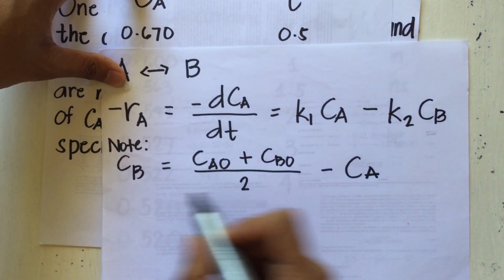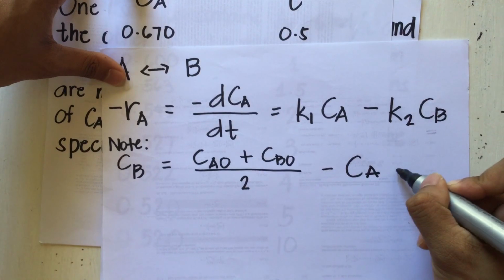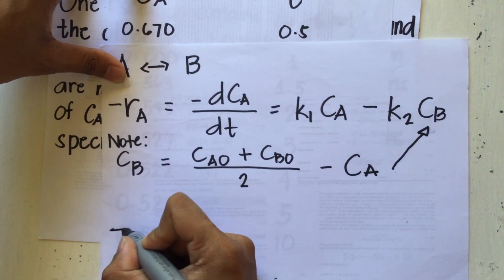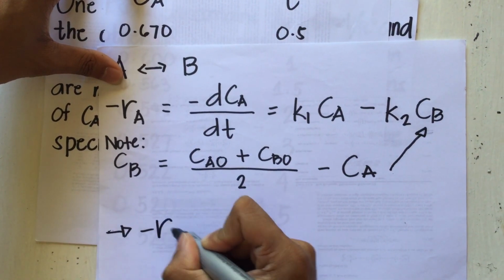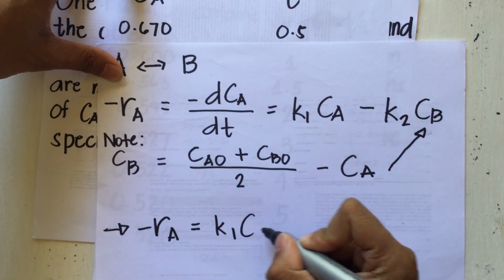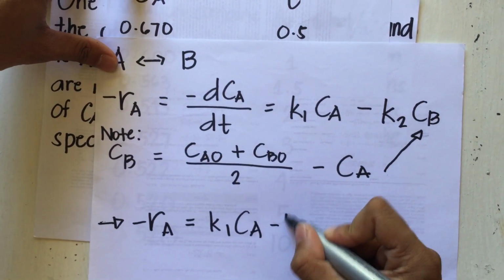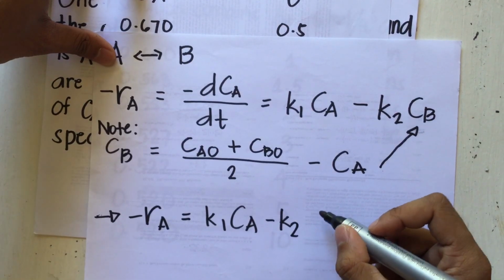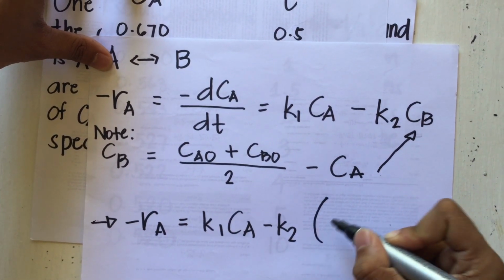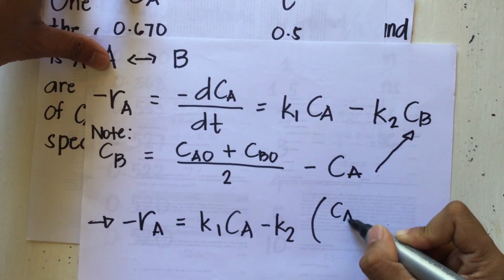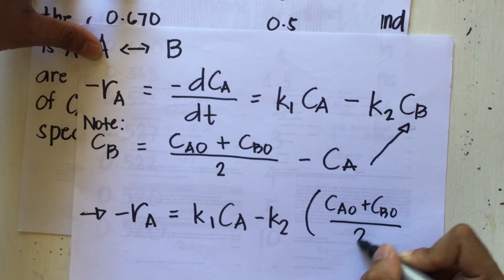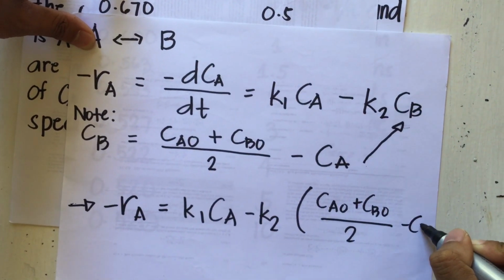So we can substitute this equation into here. So we have negative Ra is equal to K1 Ca minus K2 times Cb, which is this, CaO plus CbO all over 2 minus Ca.